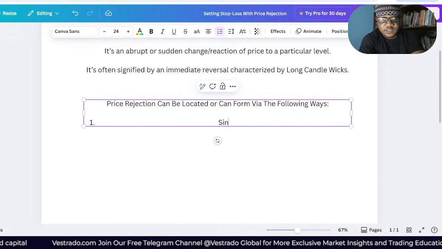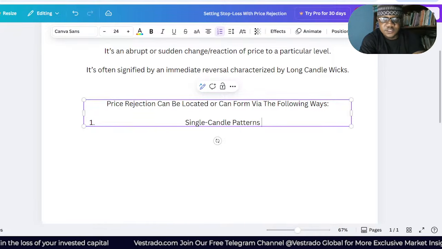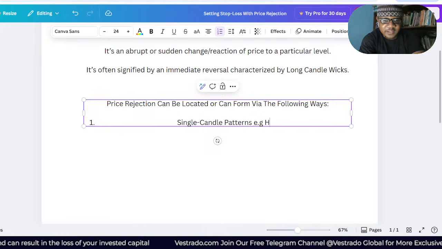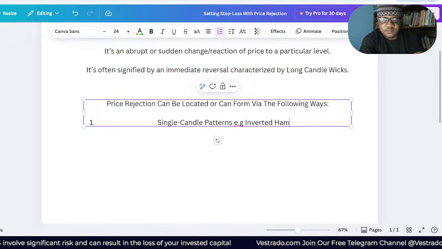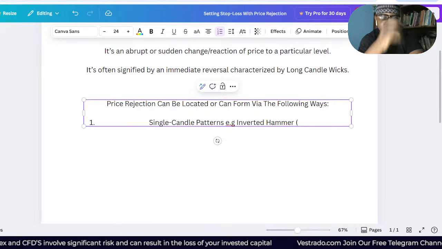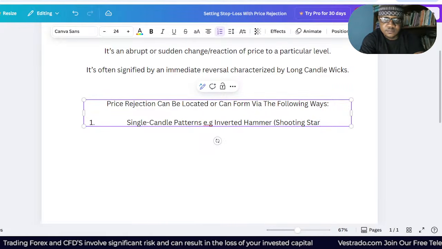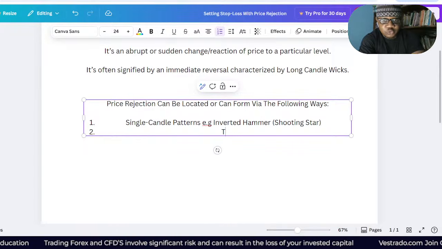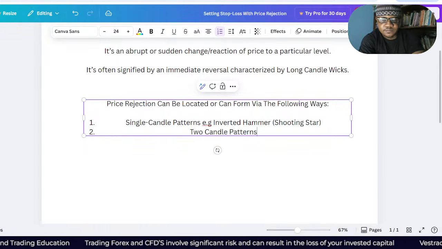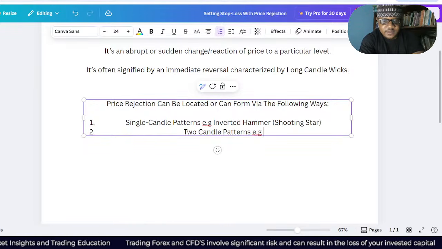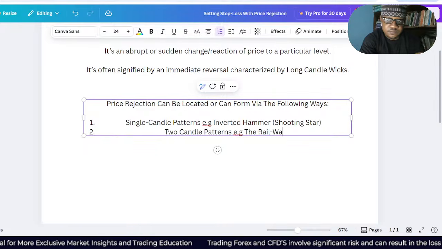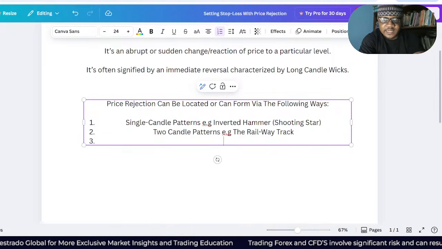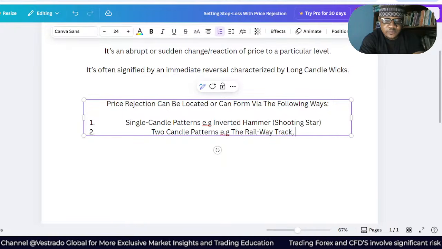One, single candle patterns such as the hammer, or let's say the inverted hammer, what the trading world likes to call the shooting star. Two, candle patterns such as the railway track, and then maybe also the engulfing pattern.